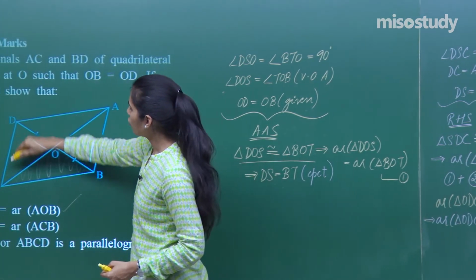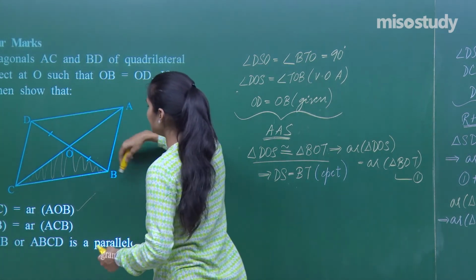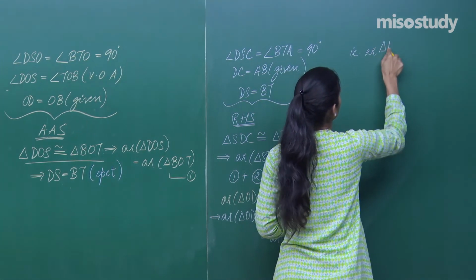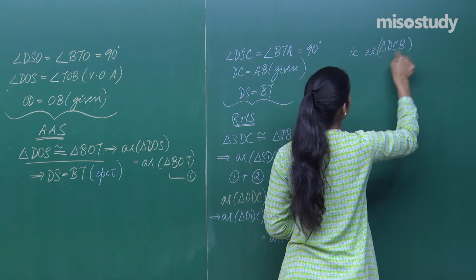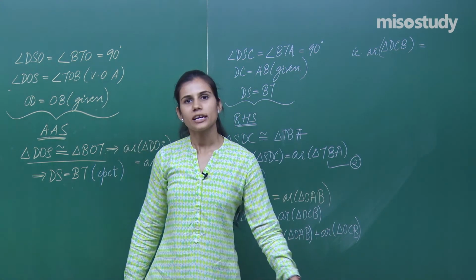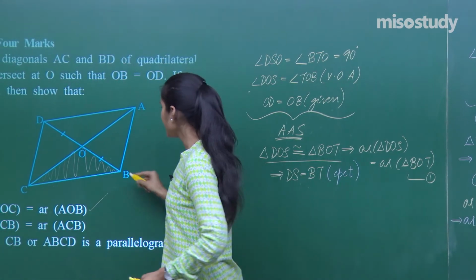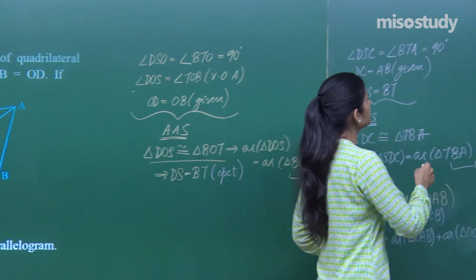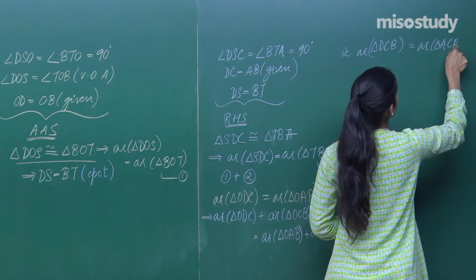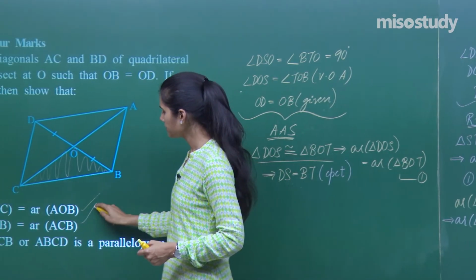Area of triangle ODC plus area of triangle OCB will give me area of triangle DCB, equal to area of triangle OAB plus area of triangle OCB, which gives the triangle ACB. That is what I want to show as the second part.